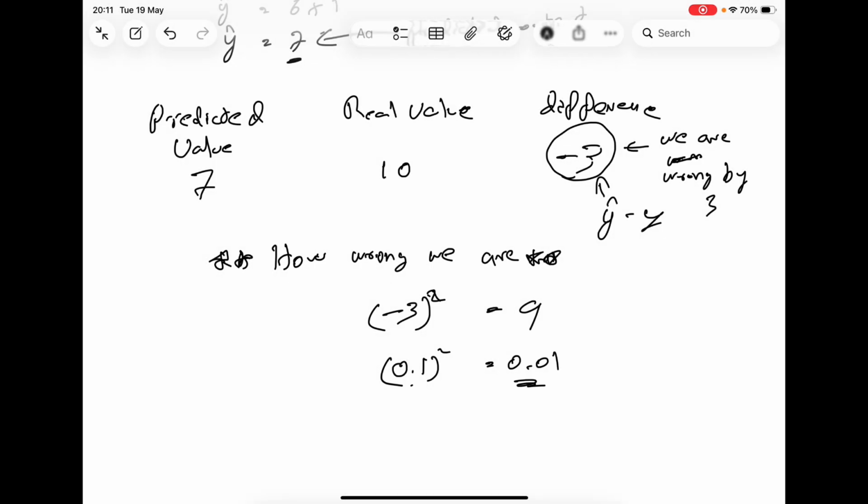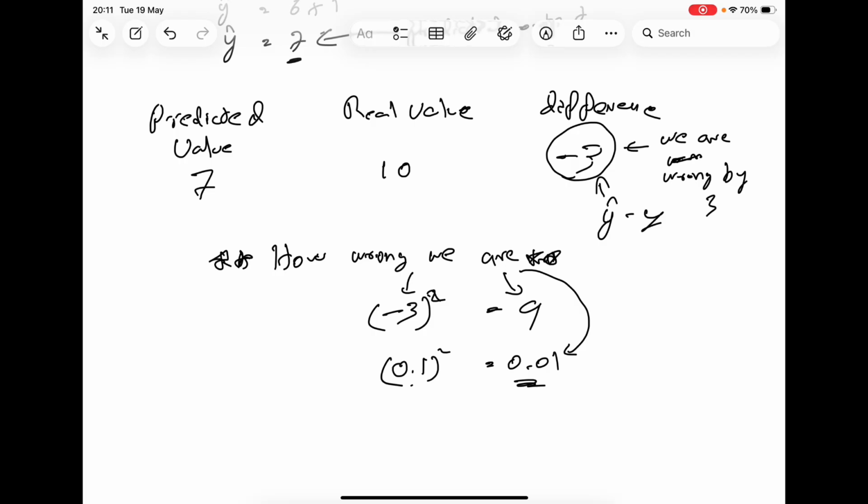If it is a small error, you can see the how-wrong value is also very small. But if the error gets bigger, this represents how wrong the error is, right? That's the basic idea.